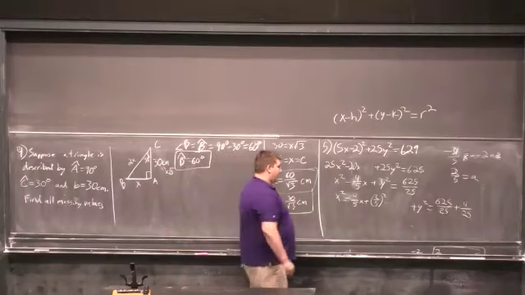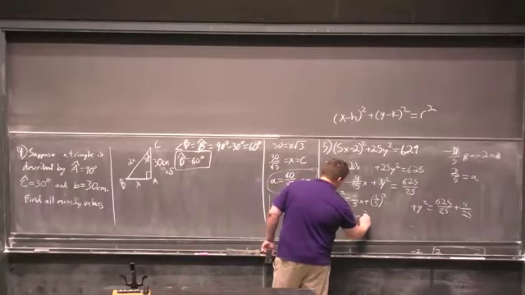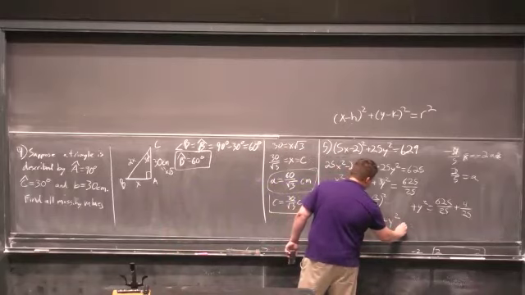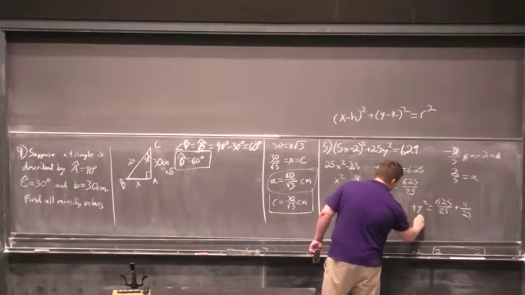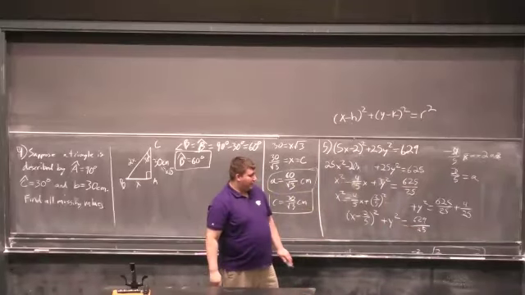On this left-hand side, I can simplify it to (x minus 2/5) squared plus y squared equals, and I have 629 over 25. That's why I left it at 625 over 25.